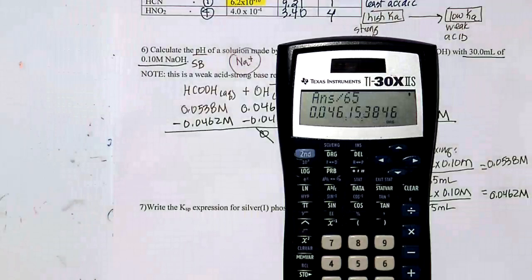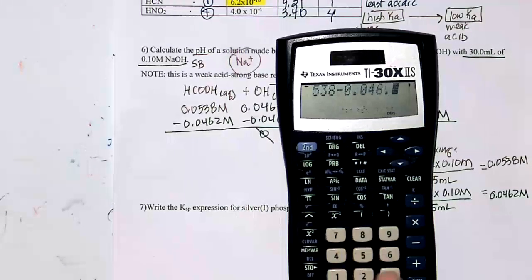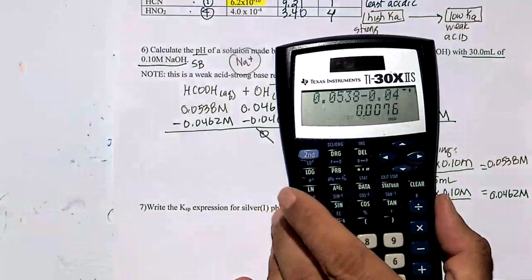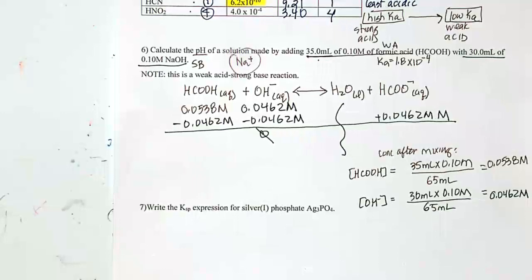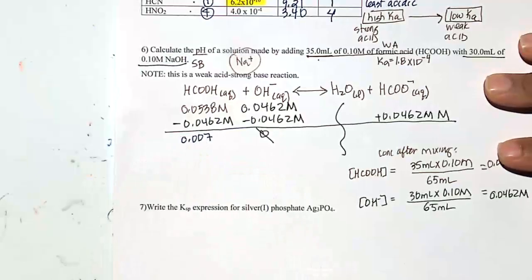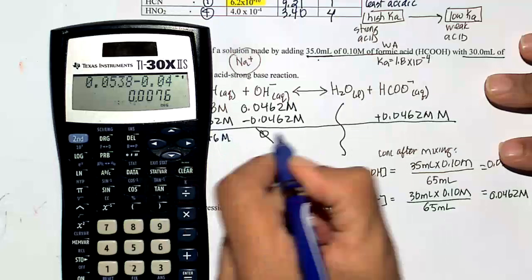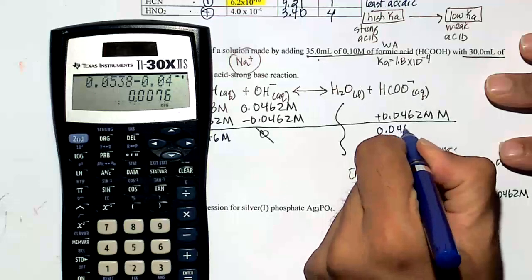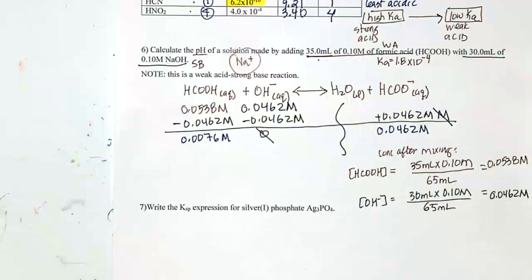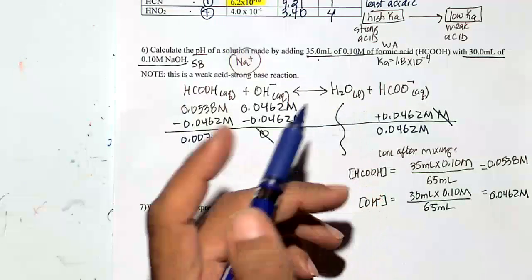Here we have 0.0538 minus 0.0462, and that is 0.0076. This is 0.0462 big M. So we got a little bit of the acid and we have a little bit of the conjugate base.